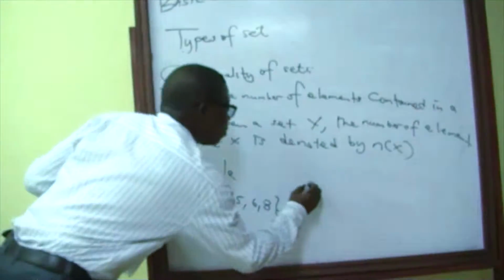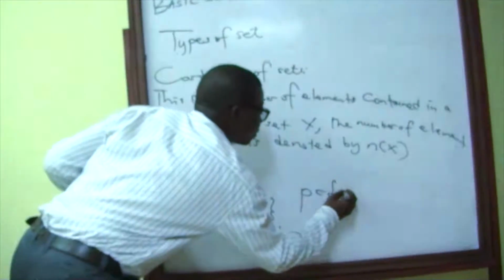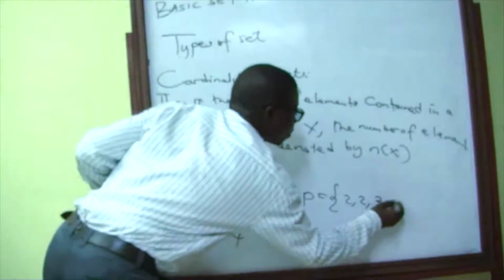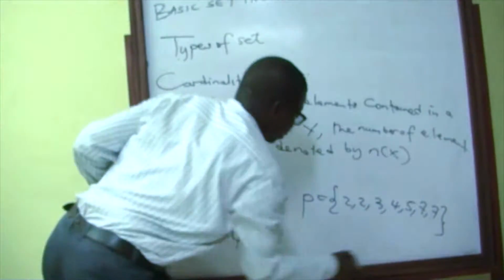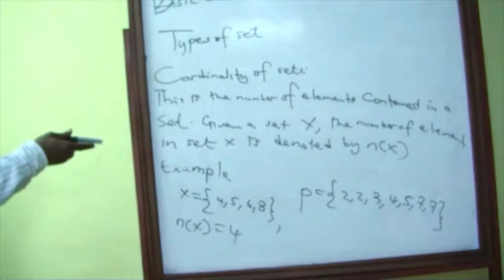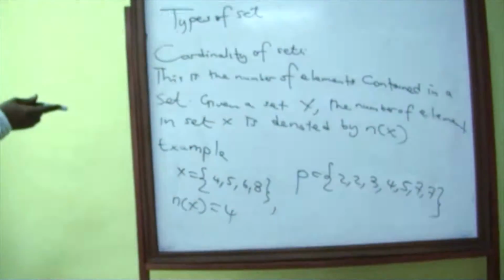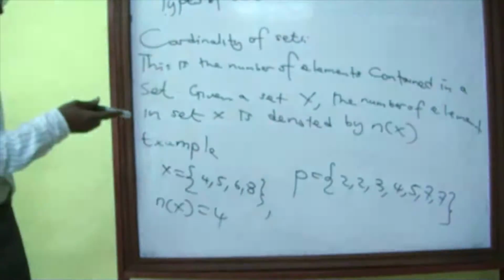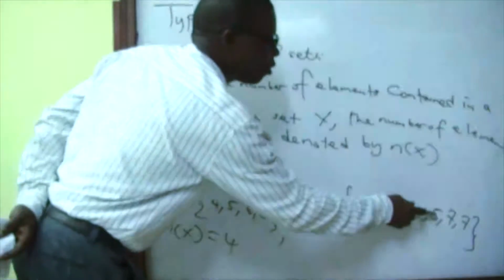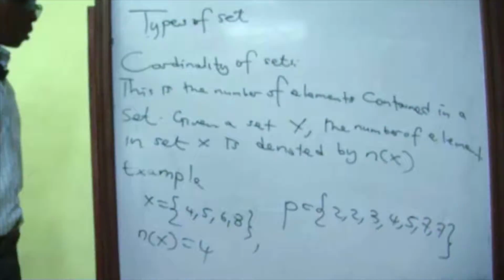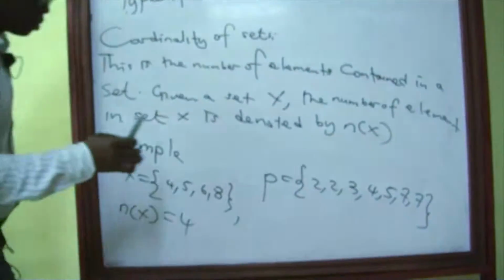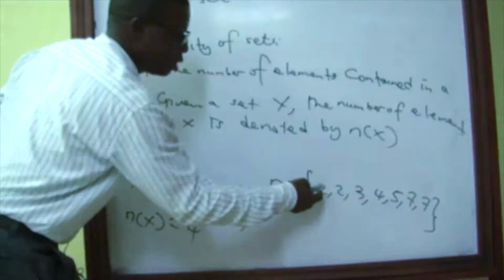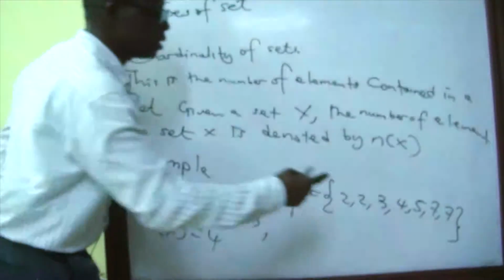Let's take another one, P. How many elements do we have in set P? Count: 1, 2, 3, 4, 5, 6, 7. But that is wrong. In a set, we don't count repetition. So these 2, you take them as one element.